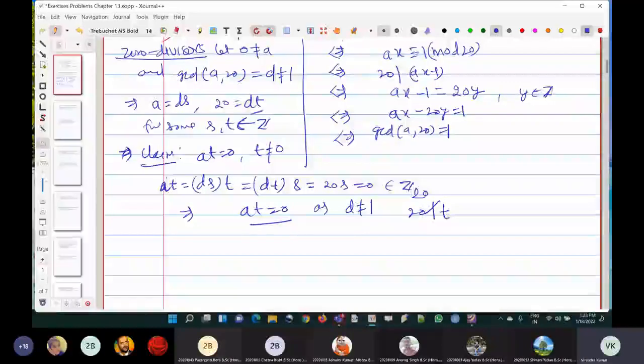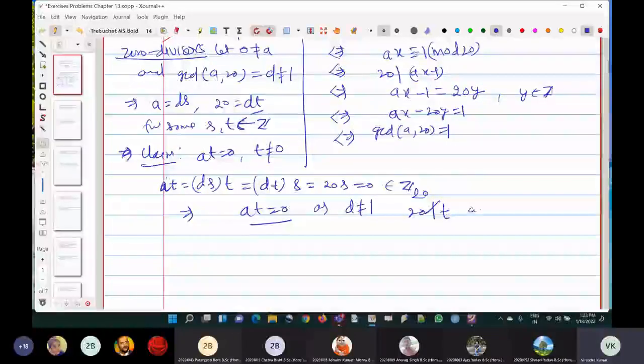For example, if d becomes 1, then of course t has to be 20 or a multiple of 20, so that t would be 0 in Z20. So if d is not 1, then 20 should not divide t.